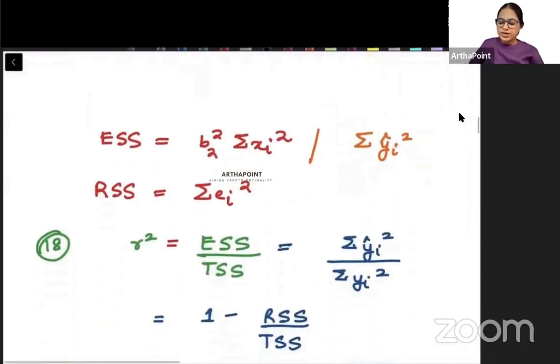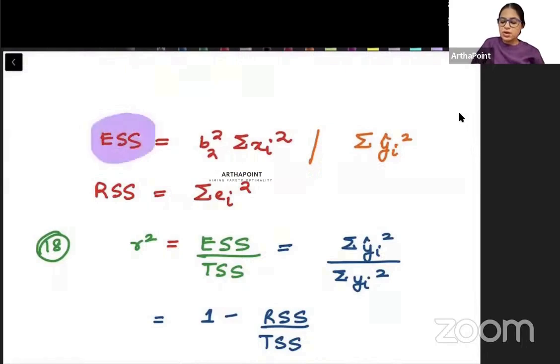Similarly, the explained sum of square has two formulas. It can be written as b2 square summation xi square, and it can also be written as summation yi hat square.